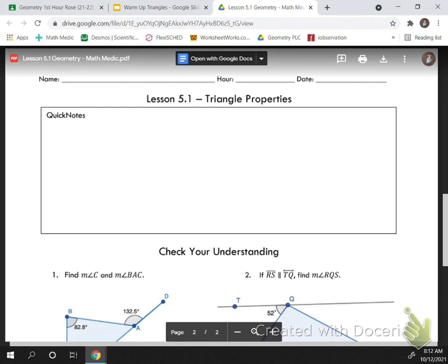Let's talk about triangle properties. The first thing we saw today was that all the angles in a triangle add to 180. So let's make a little sketch of that. All our angles in a triangle, obtuse or acute, add to 180.